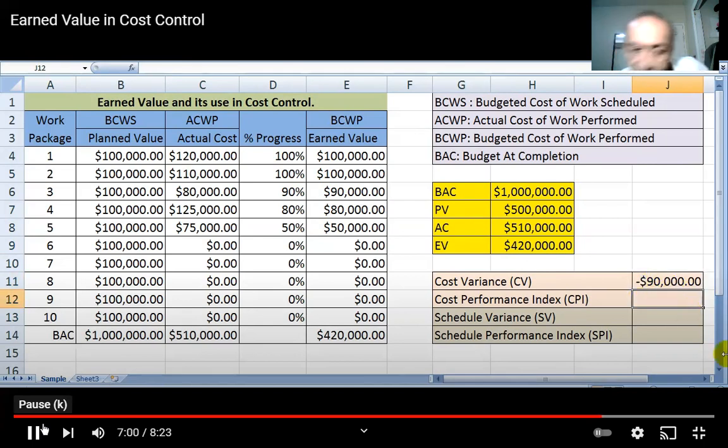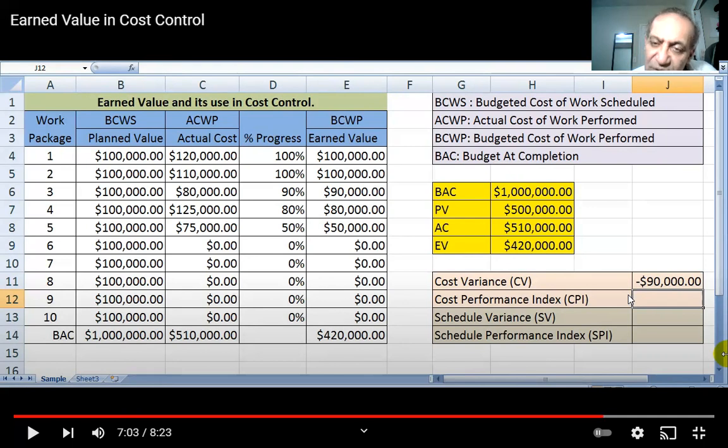Now, the cost performance index. The negative sign here shows that the work is not going well, it's bad. The work is not performing positively, it's performing negatively, meaning you spend more than you should spend.